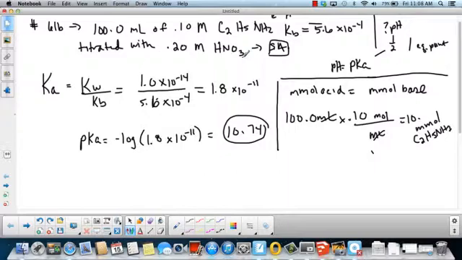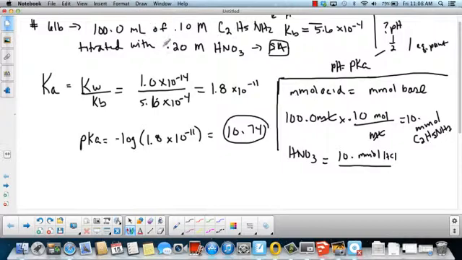But what I've got to figure out is the volume that I would have had for that. So at the equivalence point for my nitric acid, I would have 10 millimoles over the concentration.